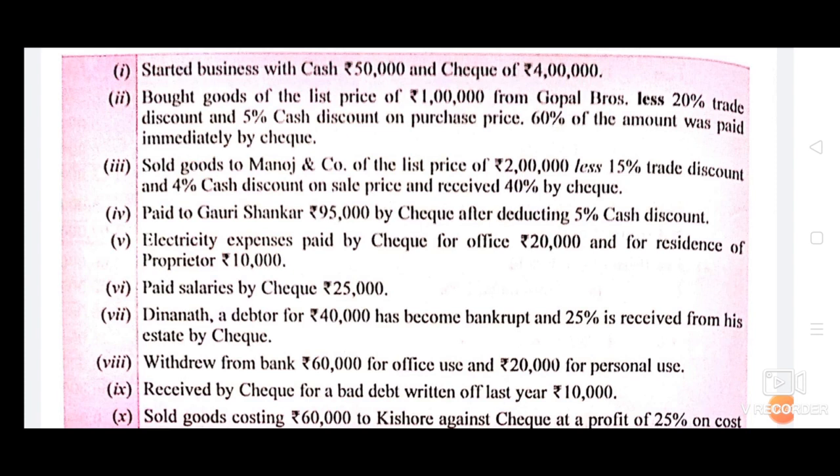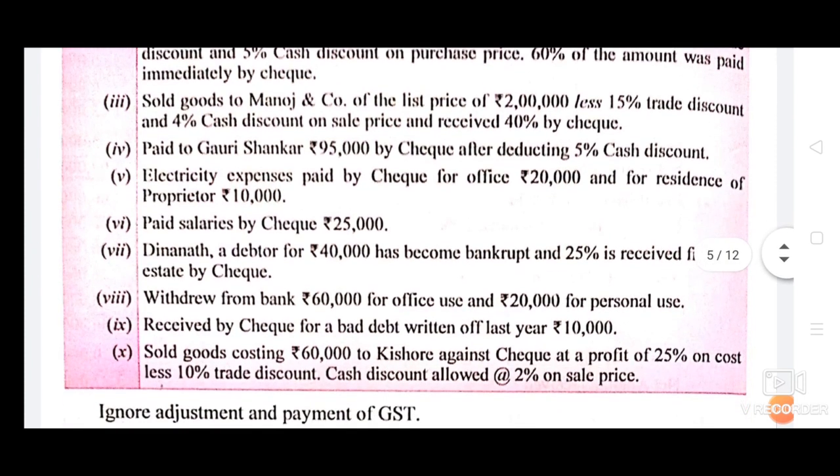Next, that is seventh, Dinanath, a debtor for rupees 40,000 has become bankrupt and 25% amount is received from his estate by cheque. Next, withdrew from bank rupees 60,000 for office use and rupees 20,000 for personal use.